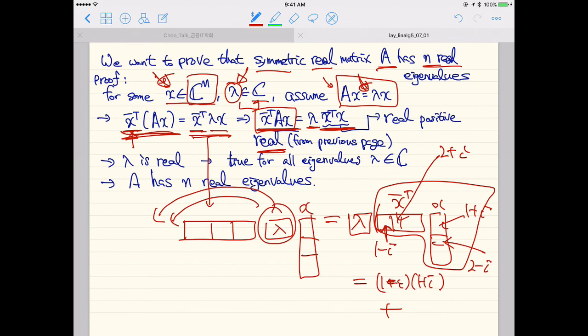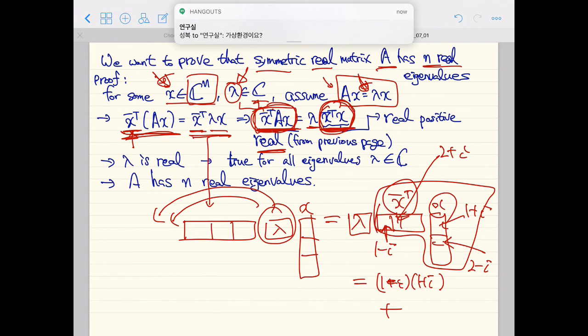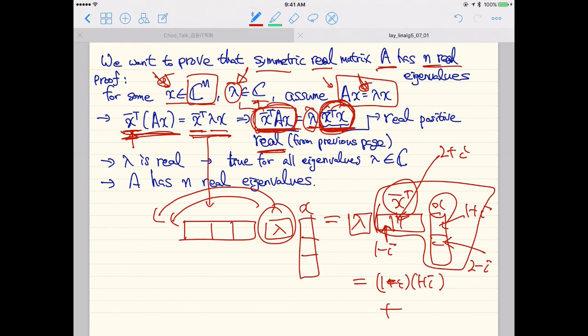So altogether, x conjugate transpose x is real. And so this part is real from the previous slide, and this part is also real. So a real value equals some value times a real value, and so this lambda is also a real value.